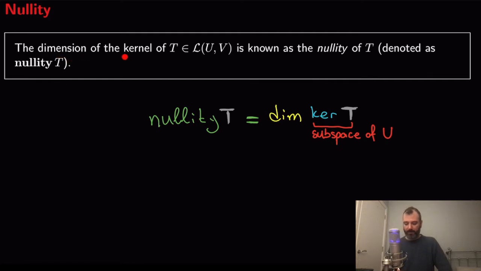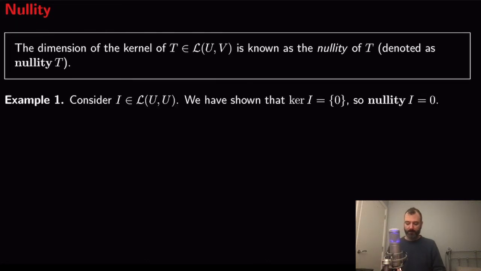The kernel of T is a subspace of U. Subspaces are vector spaces. Vector spaces have a dimension. Is it one-dimensional, two-dimensional, three-dimensional? The dimension of the kernel is what we call the nullity of T.